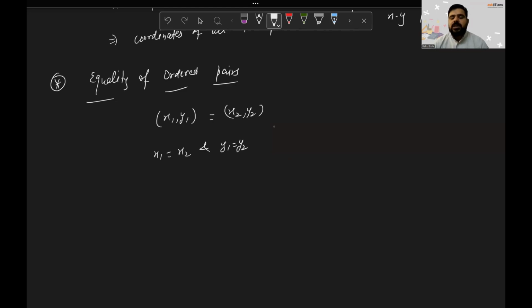If these two conditions are met, then we can say that these are equal ordered pairs.